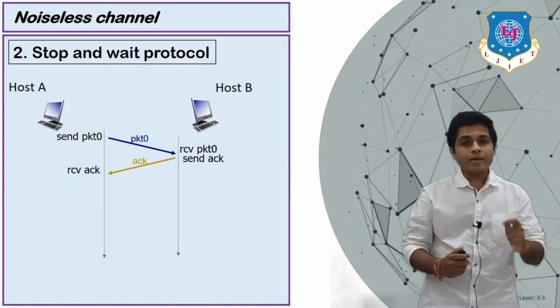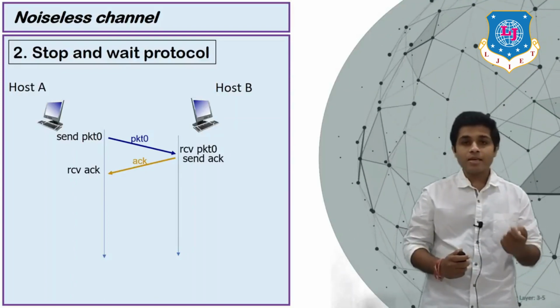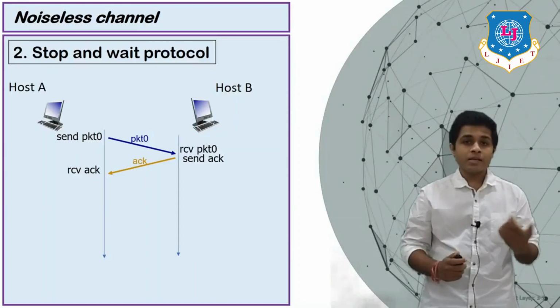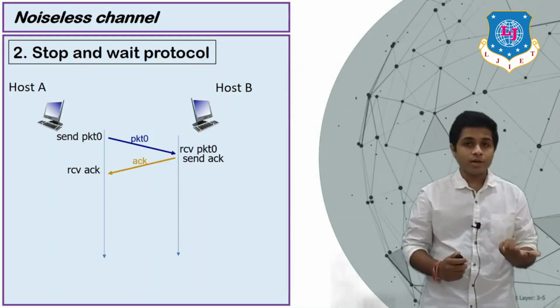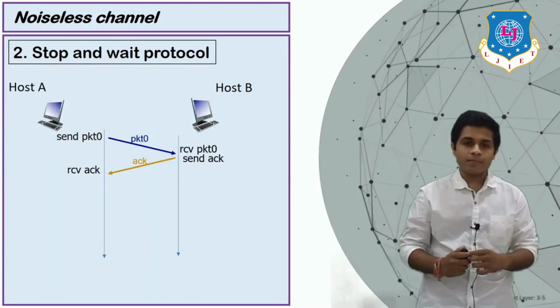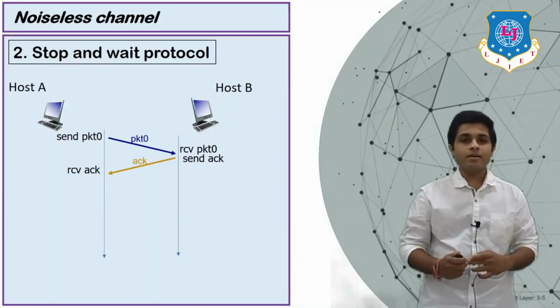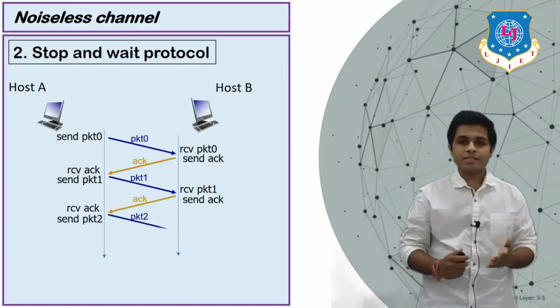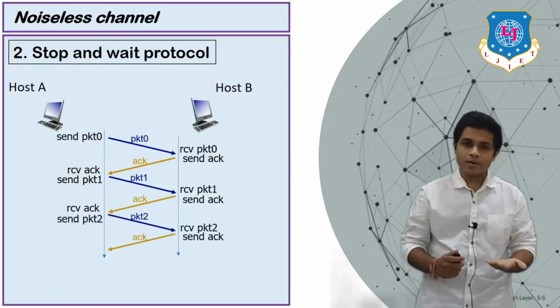So from the acknowledgement, A will think that okay, the packet 0 which was sent by me is received by B successfully and now B is expecting the next packet. So A will send the next packet, which is packet 1. B will receive packet 1, it will send the acknowledgement.